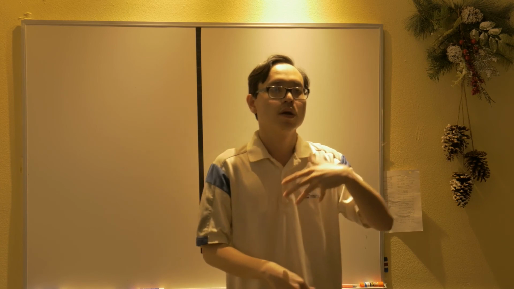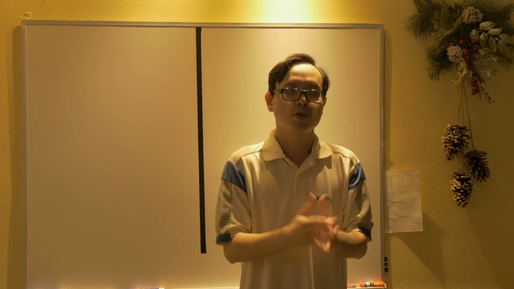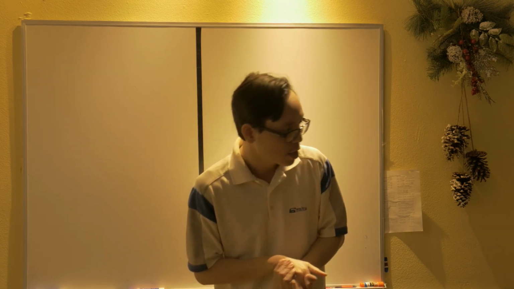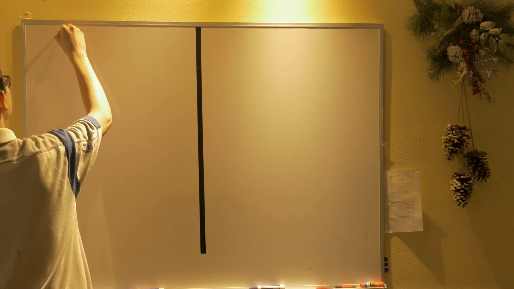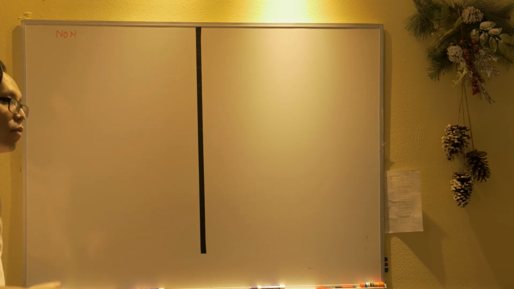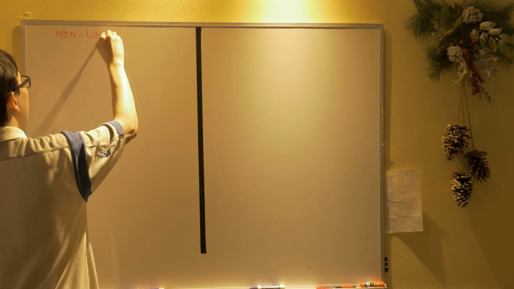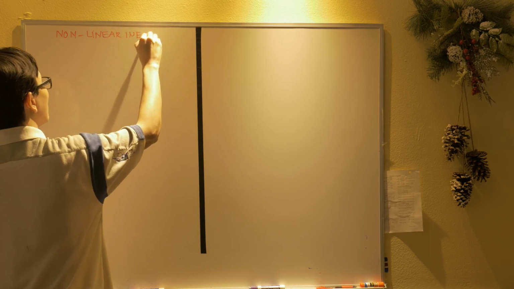When we know where it's above and below the x-axis, we can get the solution of the nonlinear inequality. So today we want to talk about nonlinear inequality, and we want to solve nonlinear inequality.